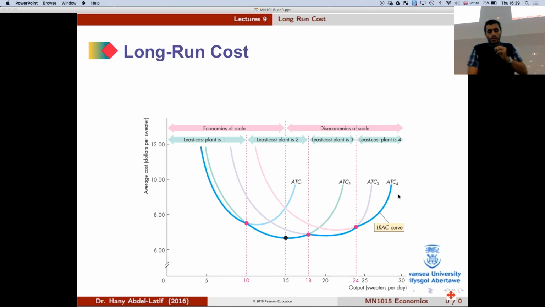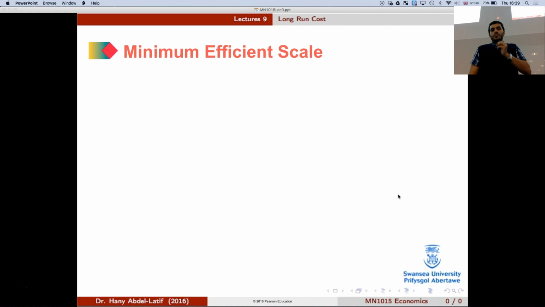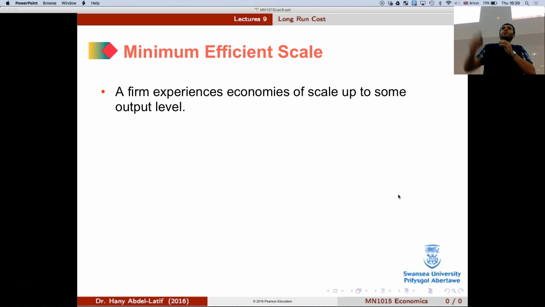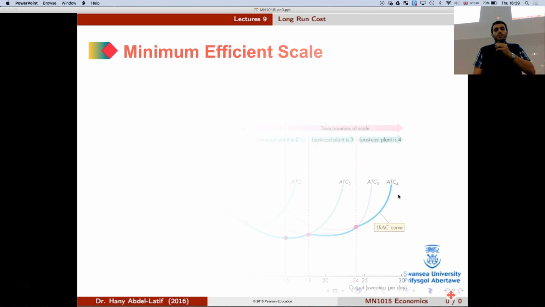Okay? So this will take us to the last point, which is the minimum efficient scale. The minimum efficient scale here is where we want to be. Which point here on this curve?